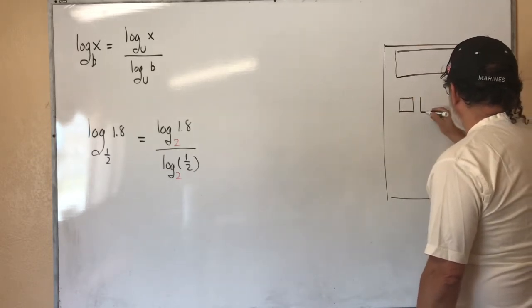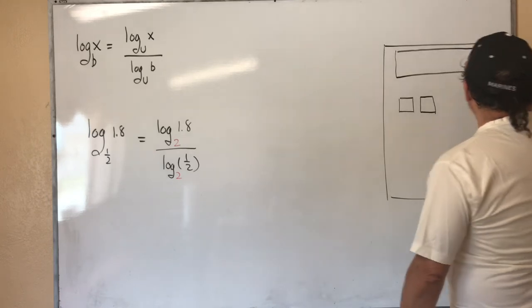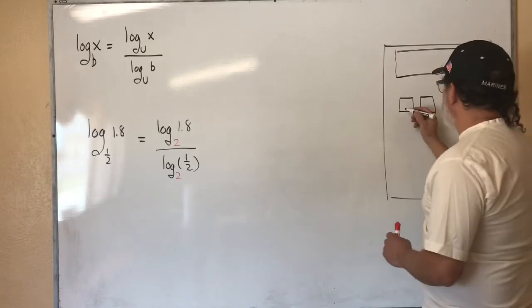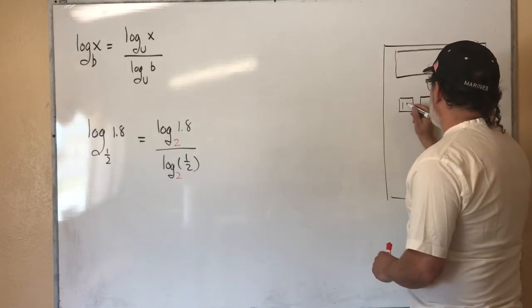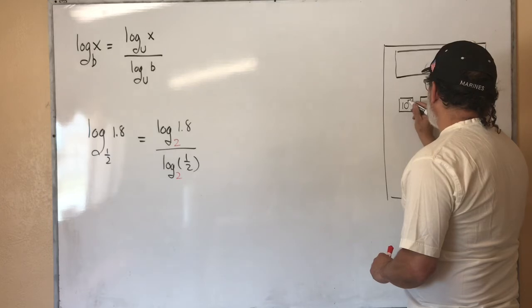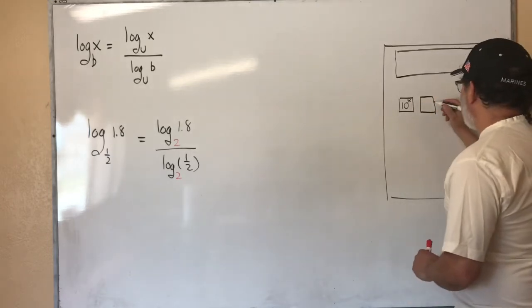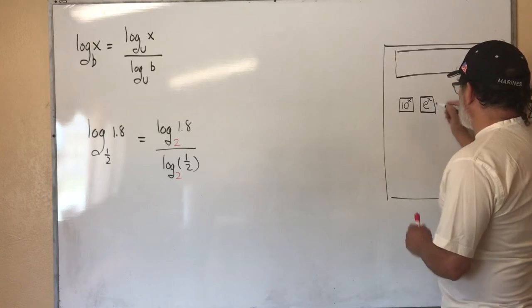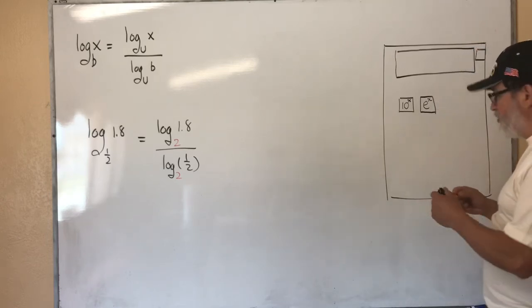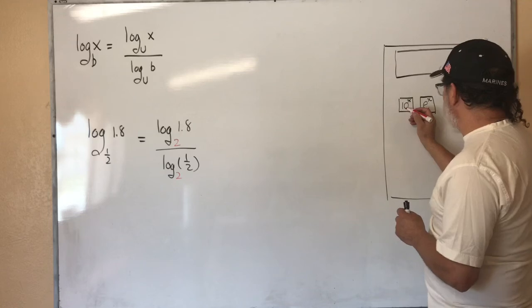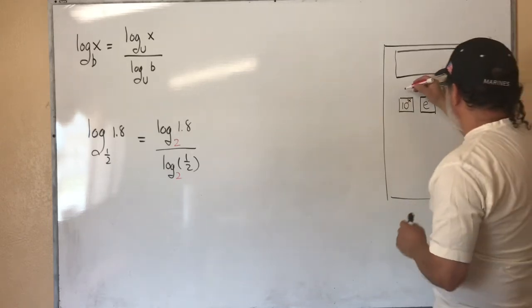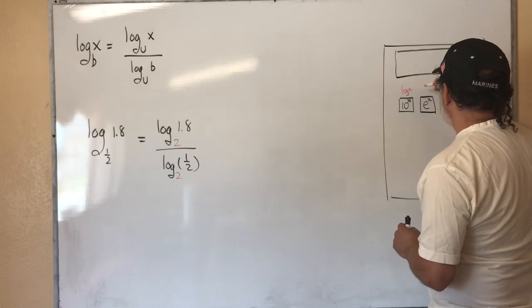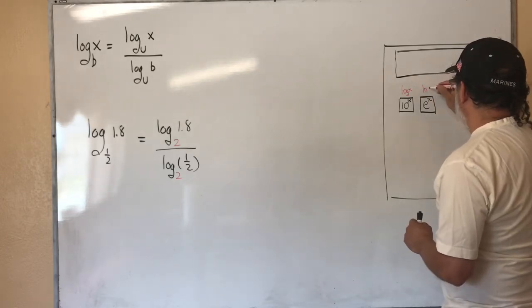And here's another key next to it. If this is 10 to the x, and this is e to the x, then this is log base 10 of x. And this is ln of x.